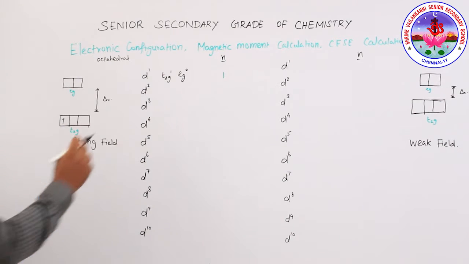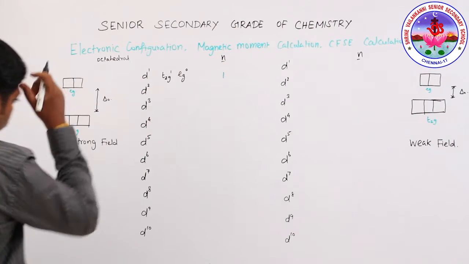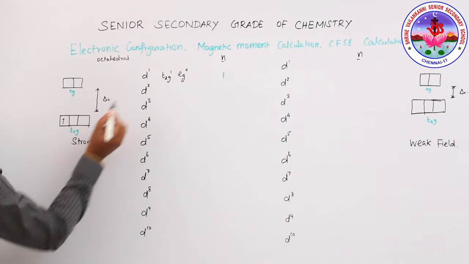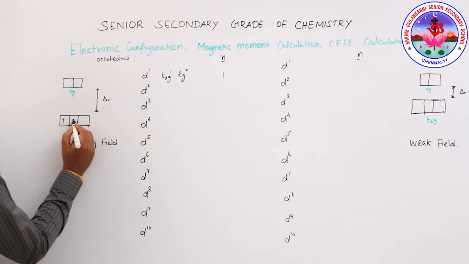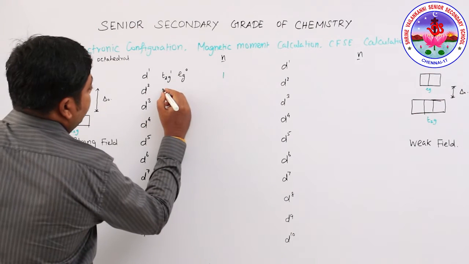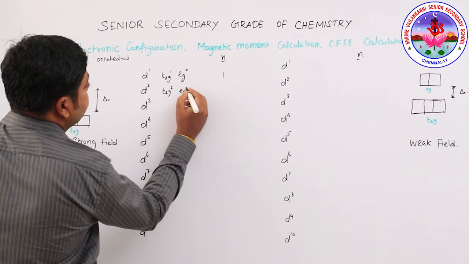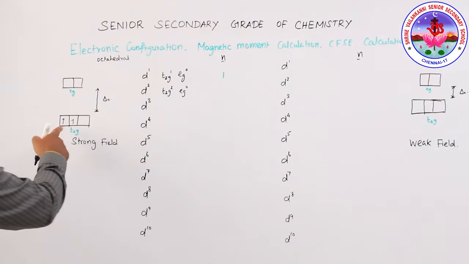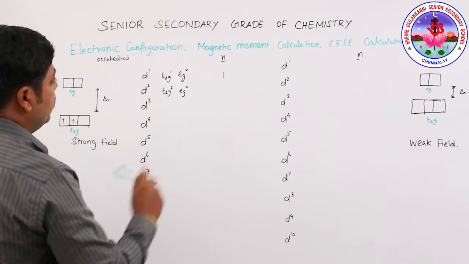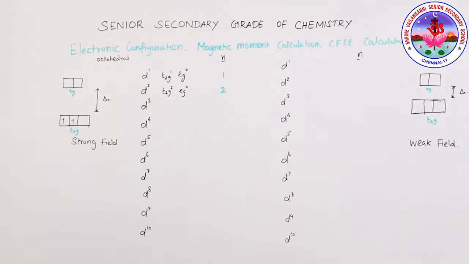Then next is the D2 electronic configuration. For D2, as 2 electrons are present, the next electron enters the next subcell. So, it will become T2g 2 Eg 0. Here the number of unpaired electrons is 2.